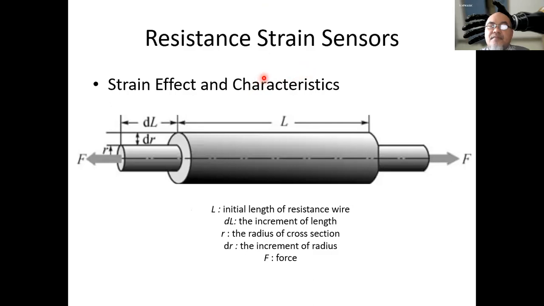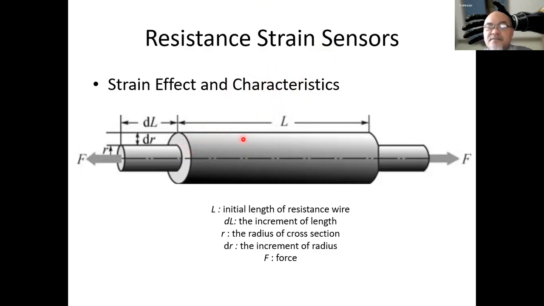The principle of the resistance-based sensor basically comes from the fact that in any conductor, the resistance will change due to the dimensional change of that conductor.